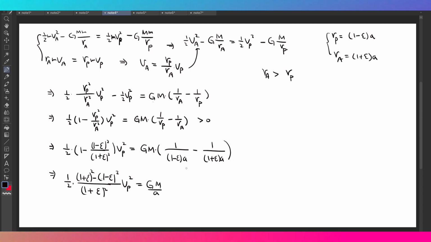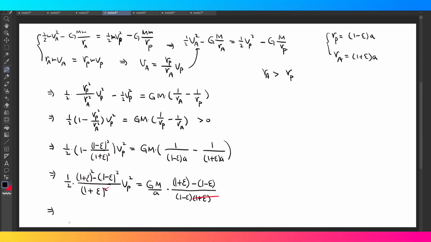Okay, so I pull out this A, the common A, and then inside the parentheses, I want to combine them. So I have 1 minus epsilon times 1 plus epsilon. And then in the top, I have 1 plus epsilon minus 1 minus epsilon. And let's see what we get. Now first, I can do some cancellation already. So 1 plus epsilon cancels out with this power 2.